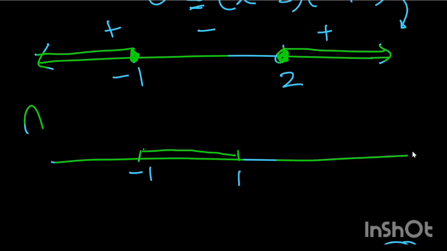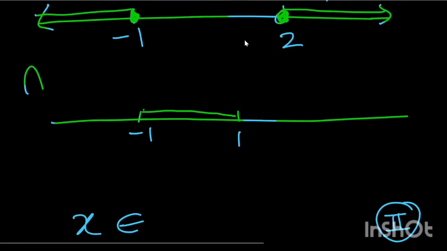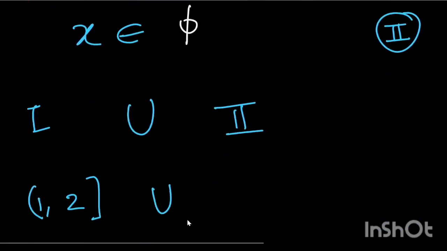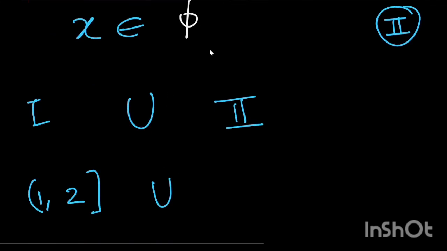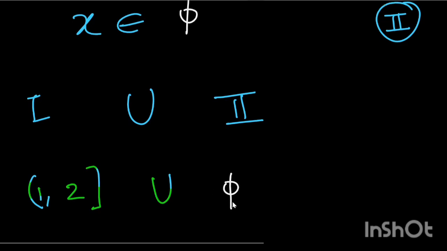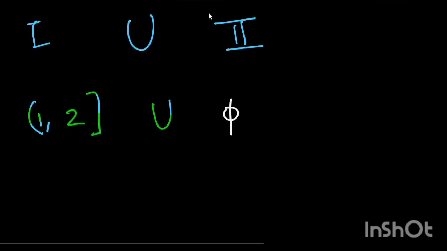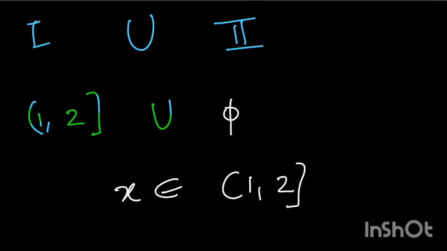So the intersection is what, guys? So yes, guys, intersection in this case is empty set, second case. So taking union, first union second, the first we obtained was this union, the second that we obtained is empty. So the final answer is what, guys? The final answer to this is 1 to 2, 2 included, guys.